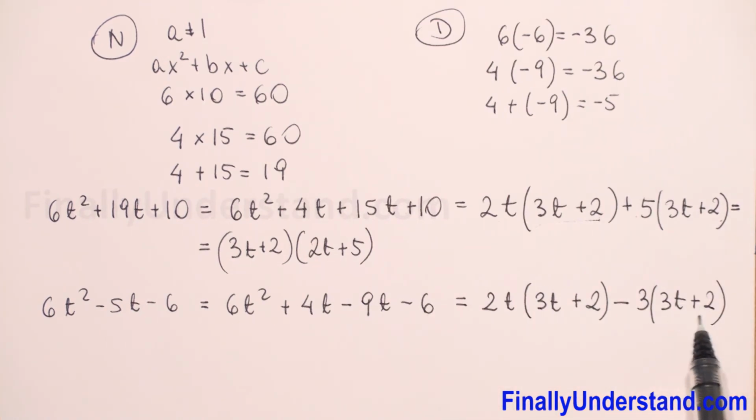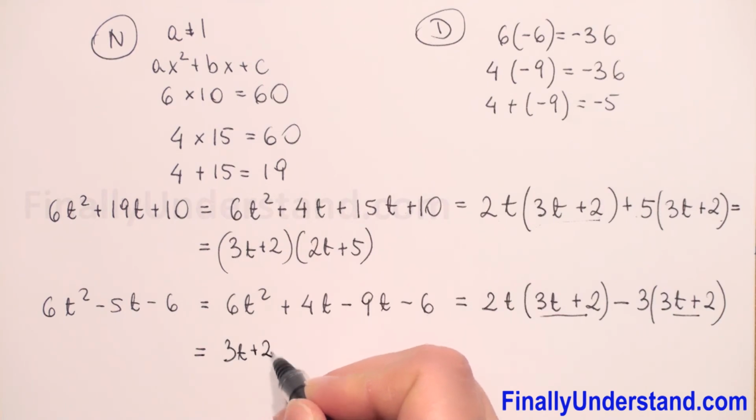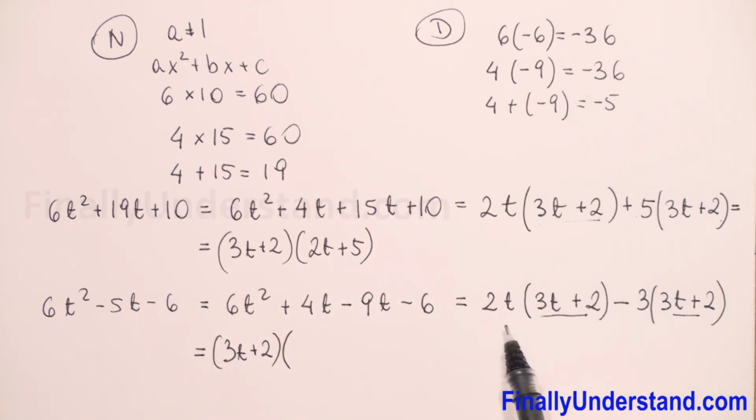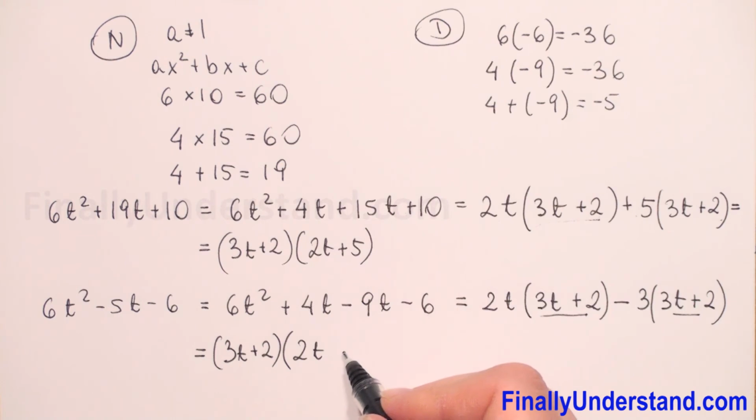Now we have the same expression in parentheses, so we can factorize 3t plus 2, and in the second parenthesis we will have whatever is left. So we have 2t, and next 9 minus 3.